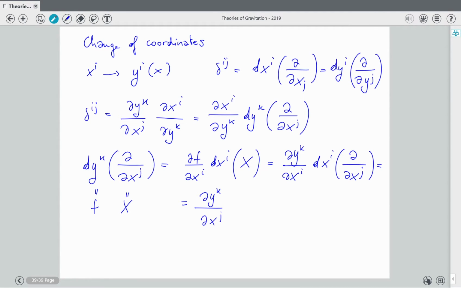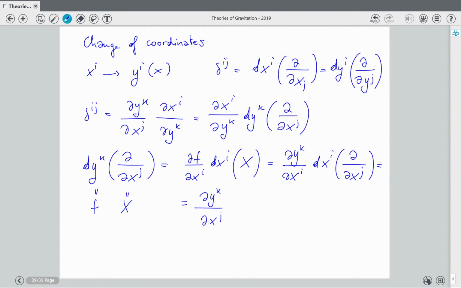You see delta ij is also this object here, and this object here tells you what dxi is acting on this derivation, which is the same derivation here. So you equate these two expressions, and you drop the derivation.